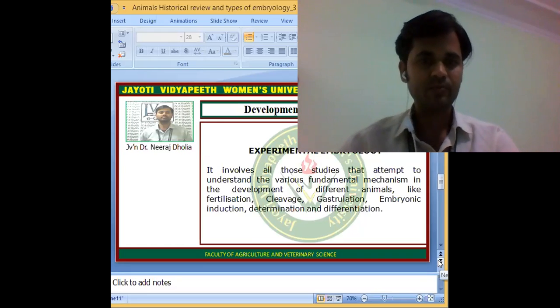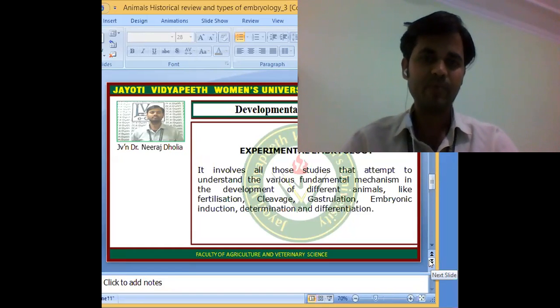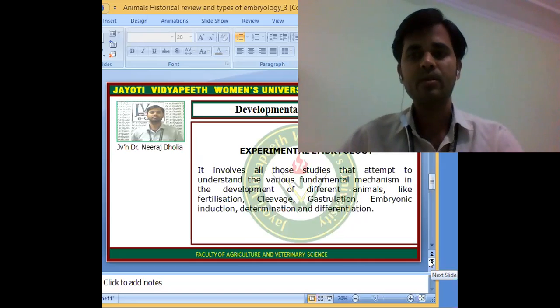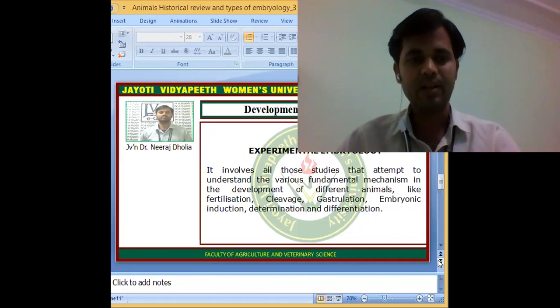Next one is the experimental embryology. As the name suggests, it involves experimental studies. It involves all those studies that attempt to understand the various fundamental mechanisms in the development of different animals, like fertilization, cleavage, gastrulation, embryonic induction, determination, and differentiation.